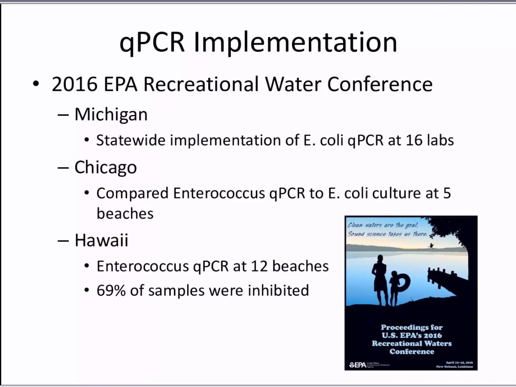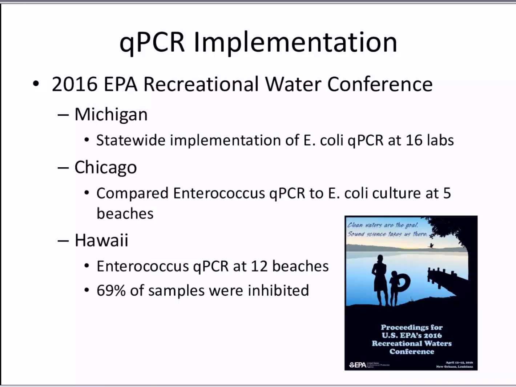Michigan, as far as I know, is probably the only state implementing qPCR on a statewide basis, and they're using E. coli qPCR because for the Great Lakes they're dealing with freshwater versus marine water, and the standard for freshwater is E. coli. So they got a bunch of money. They invested in equipment to place at 16 labs.